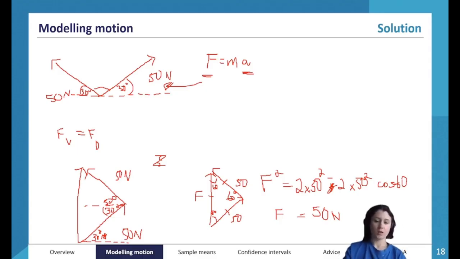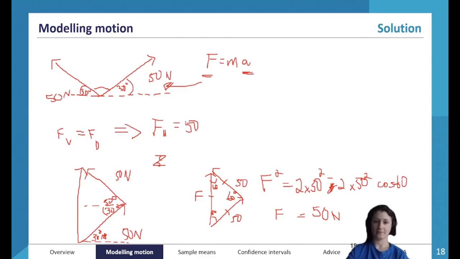Okay, moving on. So, we know that the force acting to hold that picture up is 50. So, the force up is 50. Now we know that the force down is equal to the force up.